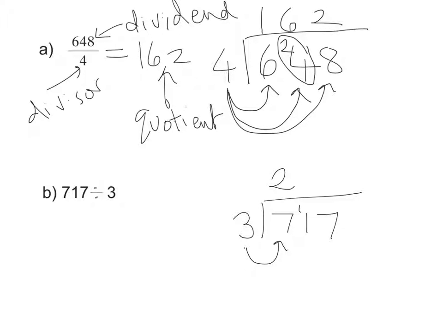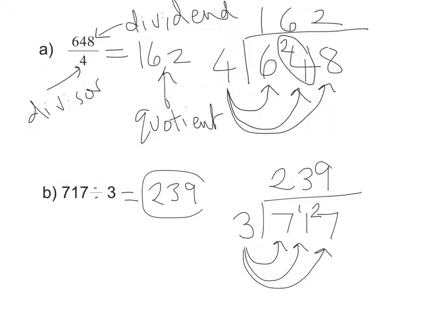How many times does 3 go into 11? It goes 3 times, remainder 2. And how many times does 3 go into 27? Goes 9 times. So your quotient is 239. If you wanted to check these, if you're a bit unsure, you could just do the inverse. You could do 239 multiplied by 3, and that would give you 717.